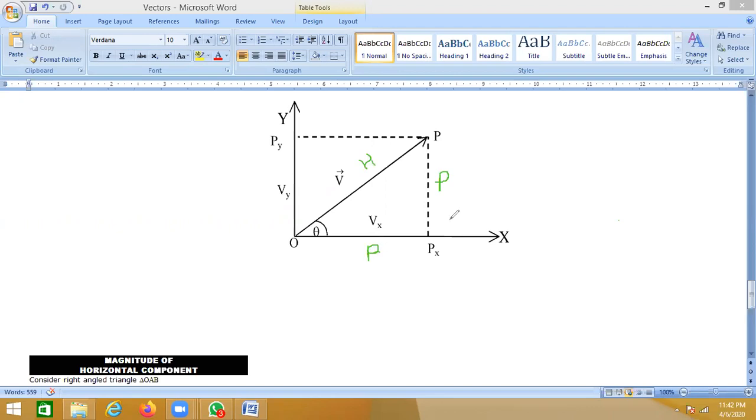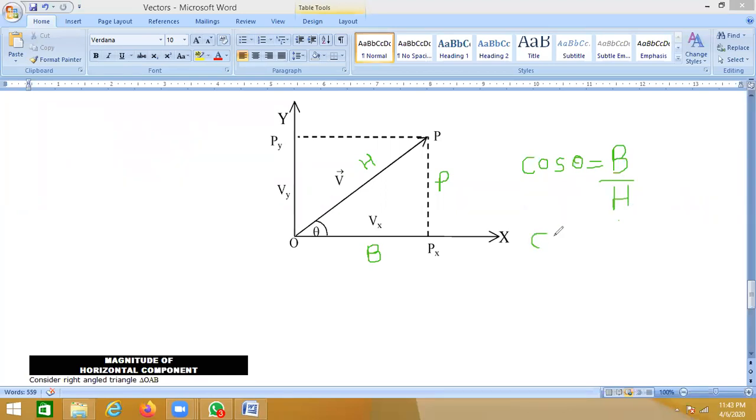So according to the formula of cosine theta, we know that cosine theta will be equal to base upon hypotenuse.